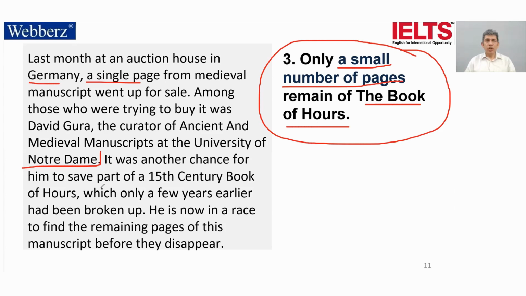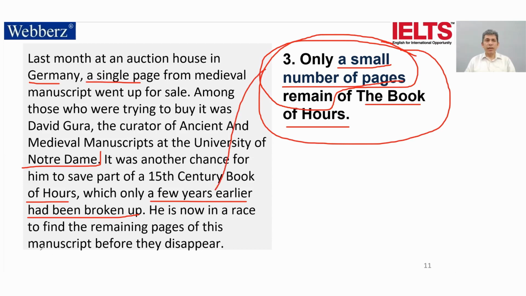It was another chance for him to save part of the 15th century book of hours, which only a few years earlier had been broken up. So it had been broken up. So a small number of pages remained. Can we be sure about it? Do they remain or not? We cannot figure it out.